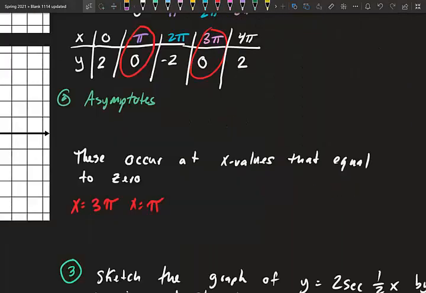So if we have asymptotes at pi and 3 pi, we also know we have asymptotes at x equals negative 3 pi and x equals negative pi. We know this because of the symmetry. They're y-axis symmetrical. That's why we can say, if we have asymptotes at positive, we also have asymptotes at negative and vice versa.